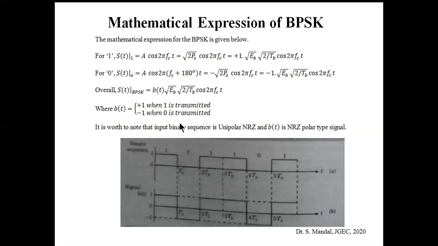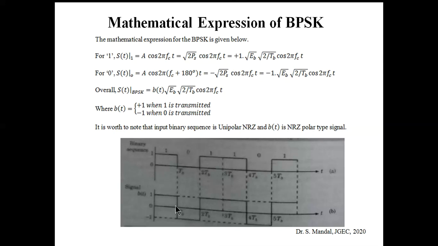Okay, if we closely observe the input binary sequence like 101101, it is basically unipolar. So 1 is represented by 1 volt and 0 is represented by 0 volt. However, when we consider b(t), we can observe that when 1 is transmitted, the corresponding value of b(t) is plus 1, and when 0 is transmitted, the corresponding value is minus 1.